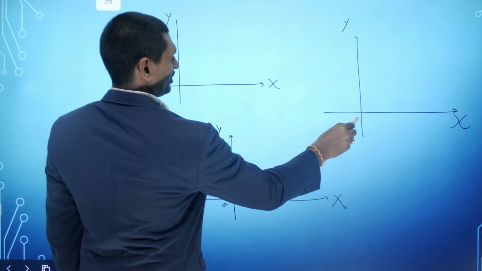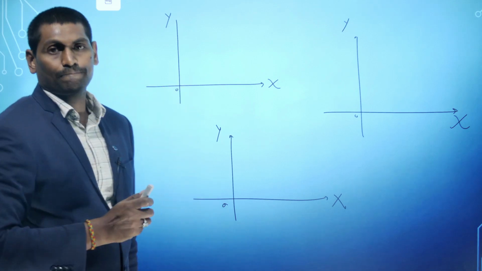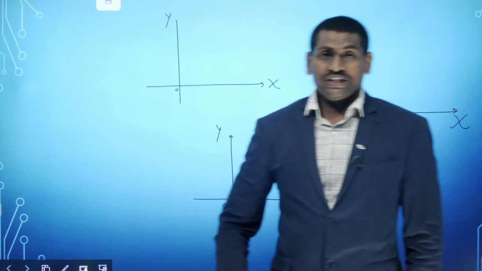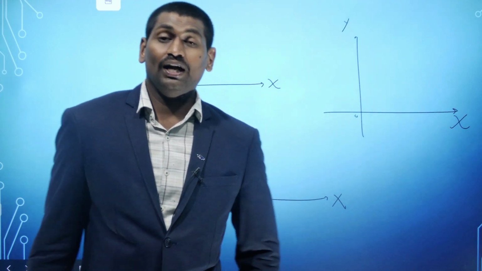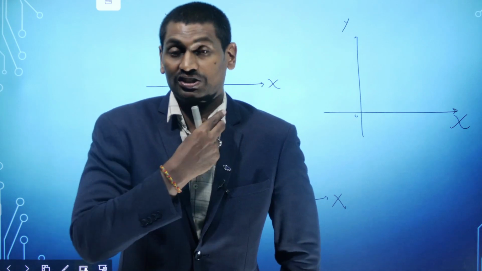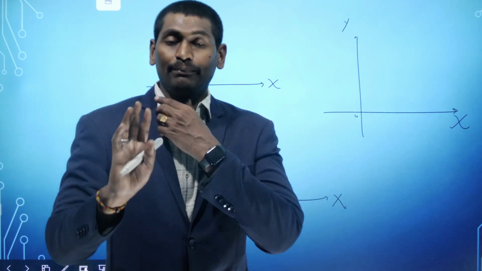The point of intersection is the origin, we know that. Because while we are taking the quadratic equation, it is in the shape of a parabola, I can identify three different situations for the parabola.